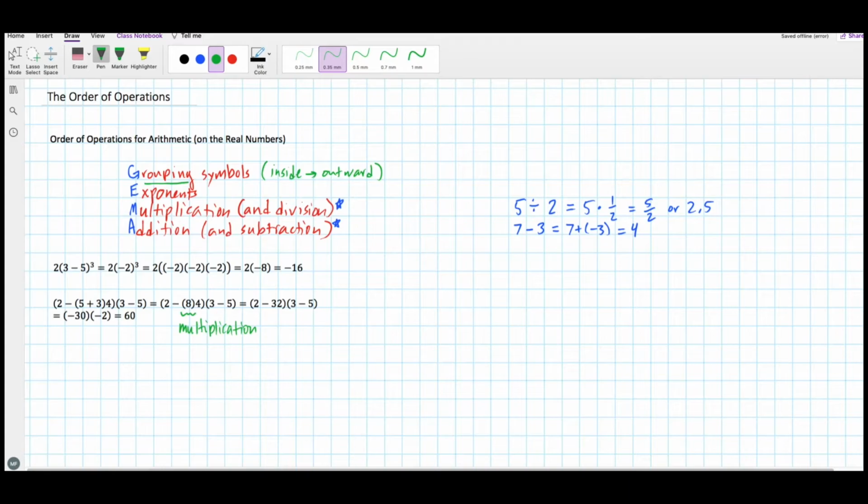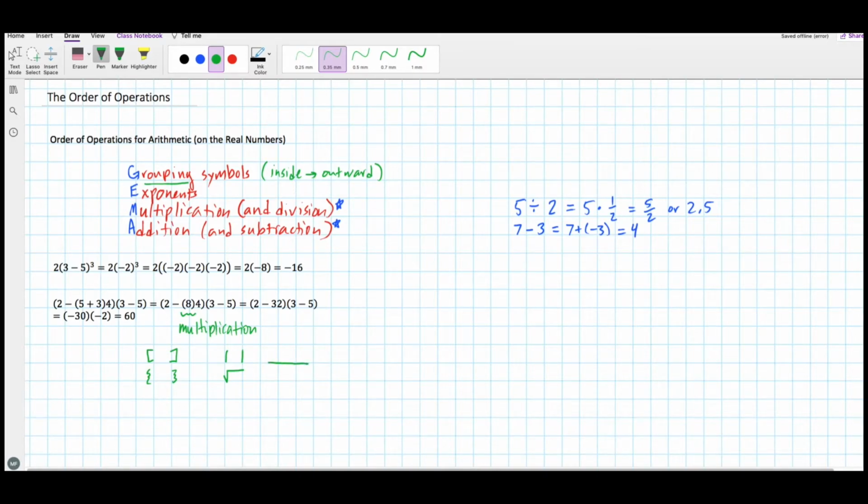So we've already seen parentheses. Other examples involve brackets and braces. Those pretty much function the same way as parentheses do when used as grouping symbols. But some others are absolute value bars, but also things like the radical symbol, and even a division bar.